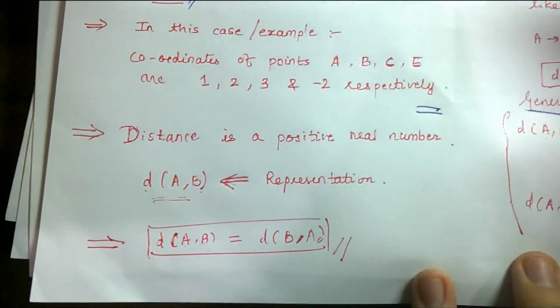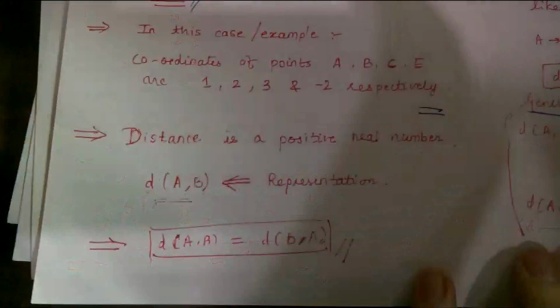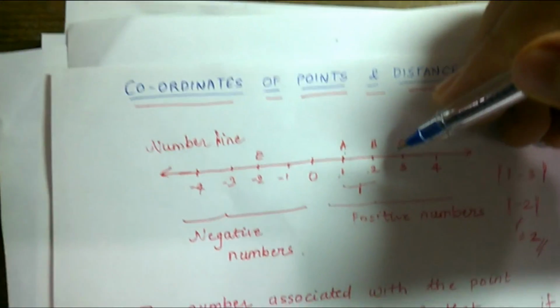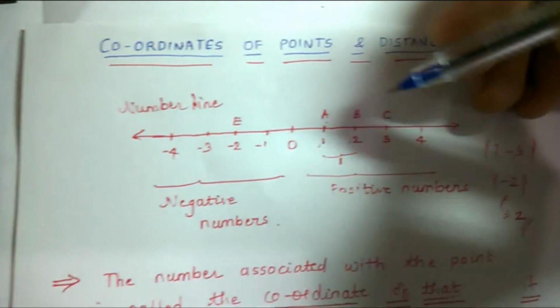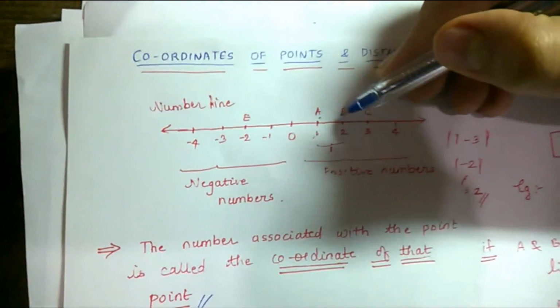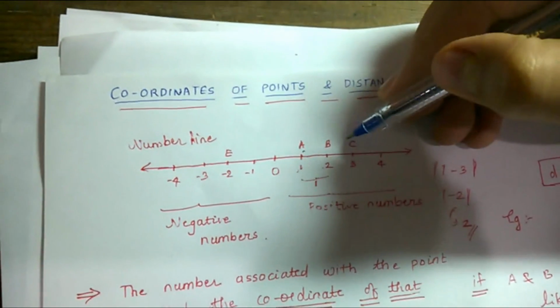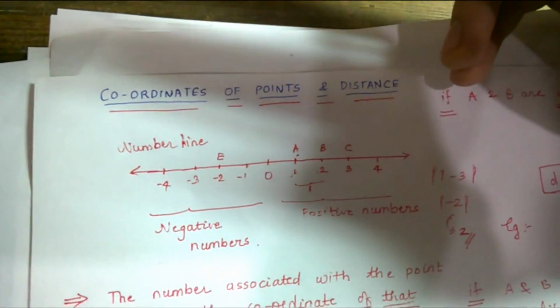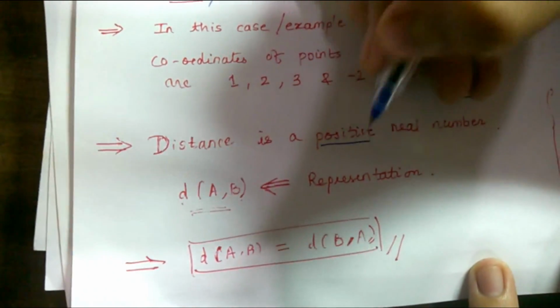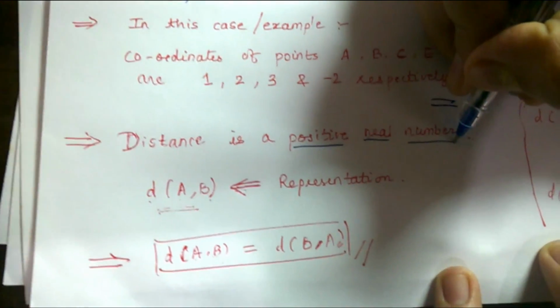We must always note that distance between any two points is a positive quantity. For example, if I consider the distance between points a and b, the distance will be 1 unit. A and c, it will be 2 units. So distance will always be a positive real number.